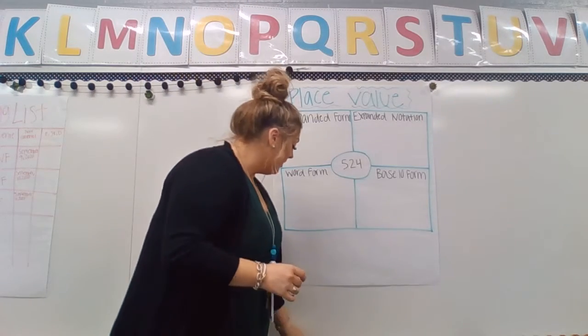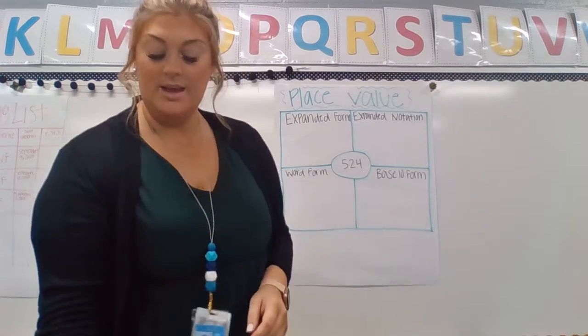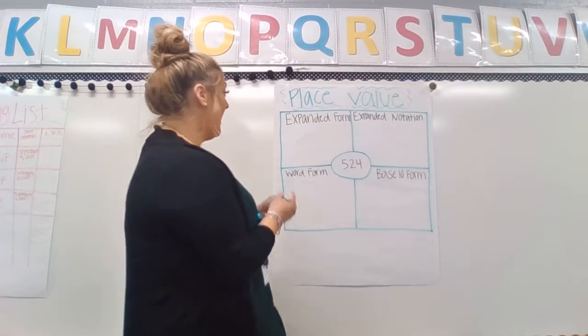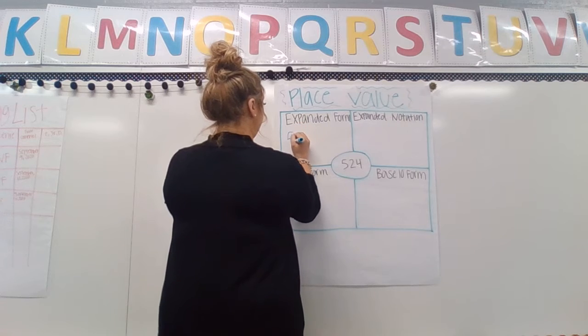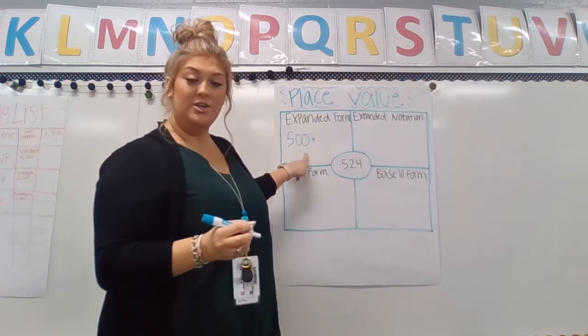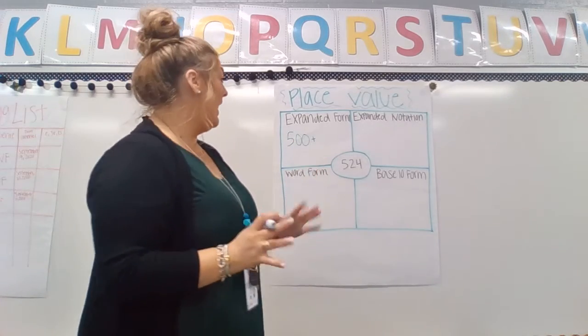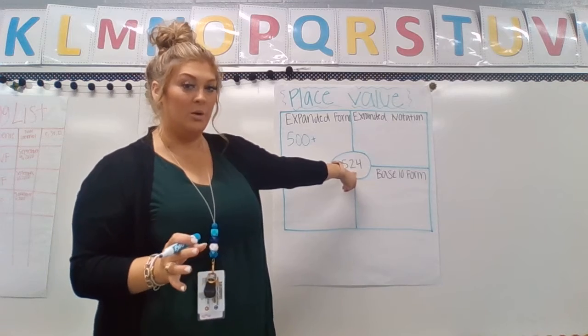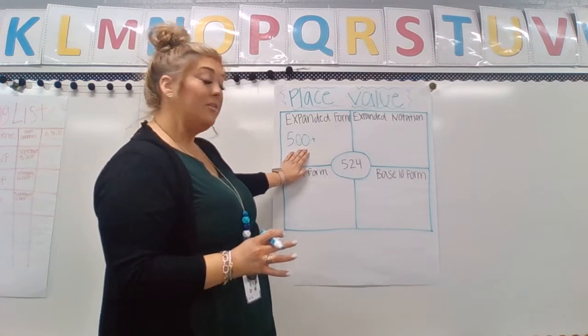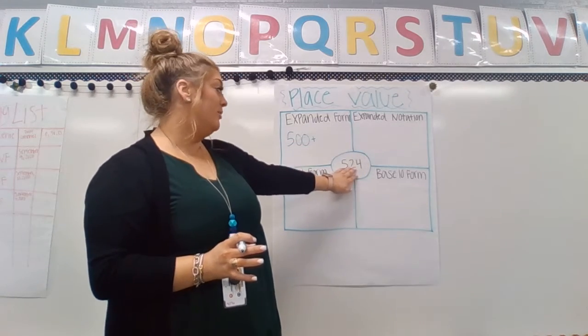So we know that we are going to have 500, and then we need to figure out how we got 24. So we already have 500, so we need 24 more.